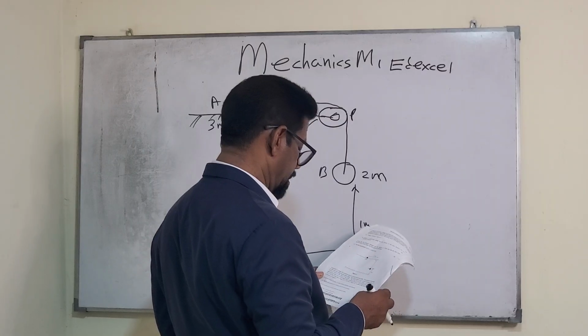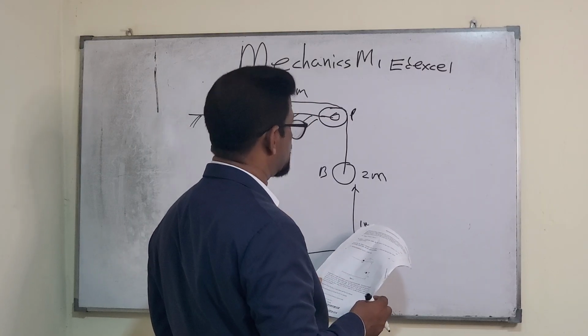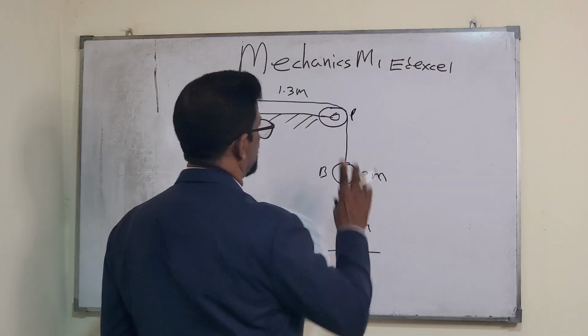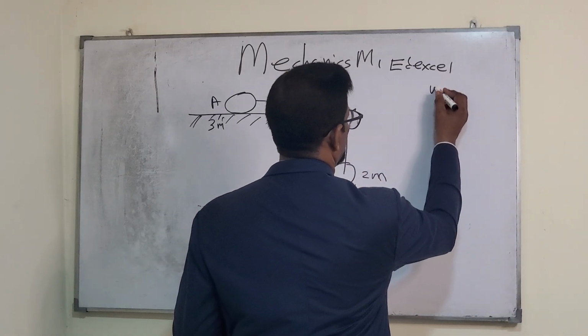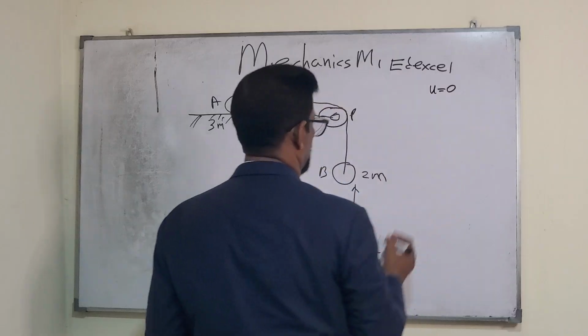The system is released from rest, which means initial velocity u equals 0.